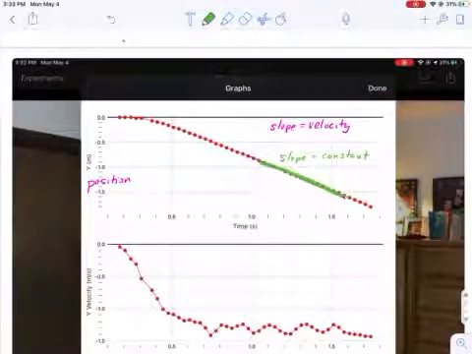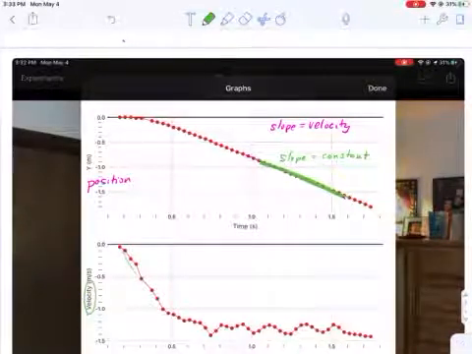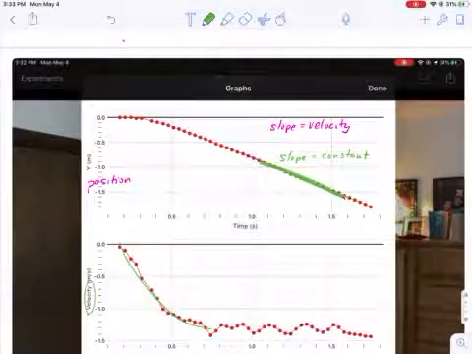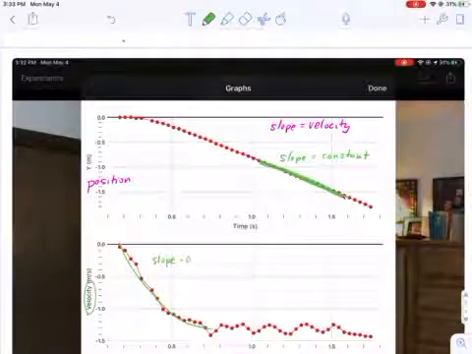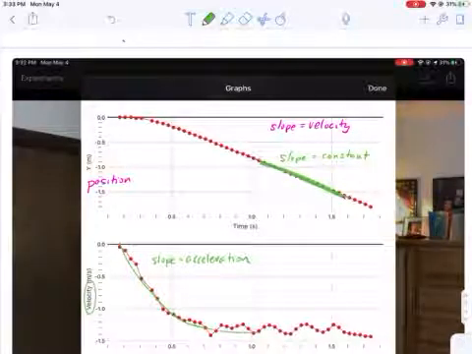Another way to look at that in the second graph is a velocity graph. And look what happens. The velocity increases, and it increases in a non-linear way. Here, the slope is acceleration. And the acceleration is decreasing. And in fact, the acceleration decreases to 0.